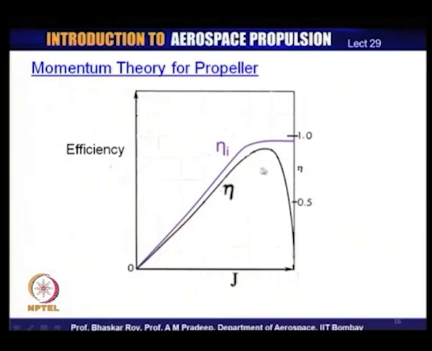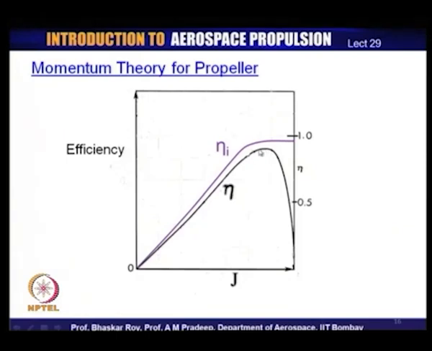Now, this is a typical propeller characteristic. It depends on the propeller design, it depends on what advance ratio the propeller is designed for, and typically most propellers are designed for actual operation within a certain advance ratio, and somewhere over there, at one of the higher advance ratios, the propeller efficiency is supposed to be maximum.